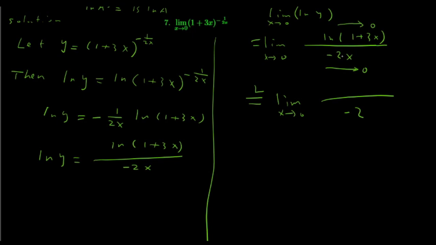We need to use the chain rule. I will give you 2 minutes. Please write your answer in the chat. I want to make sure you know how to differentiate that.